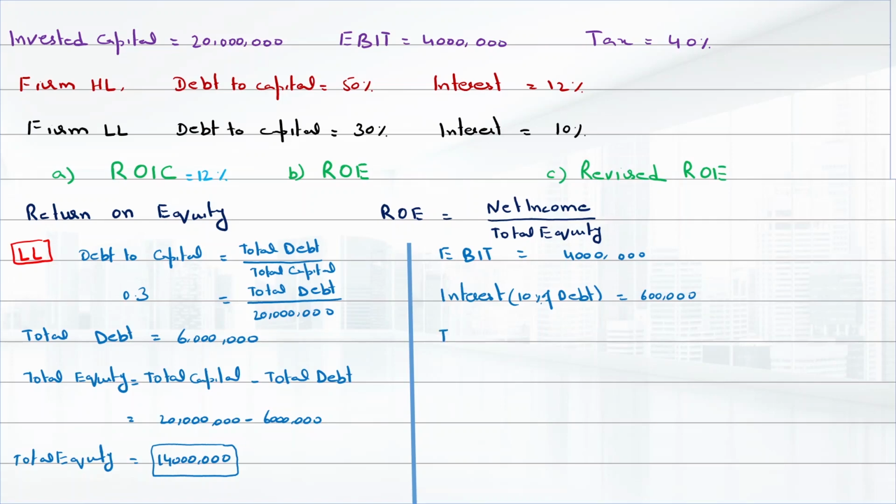So EBT will be 3.4 million. Tax rate will be 40% and the amount will be 1.36 million, and the net income will be 2.04 million.